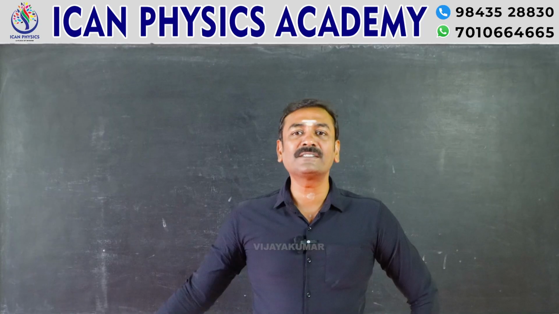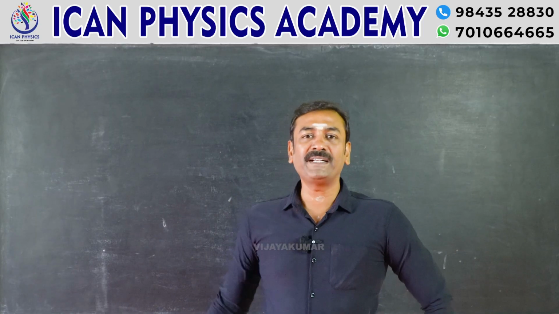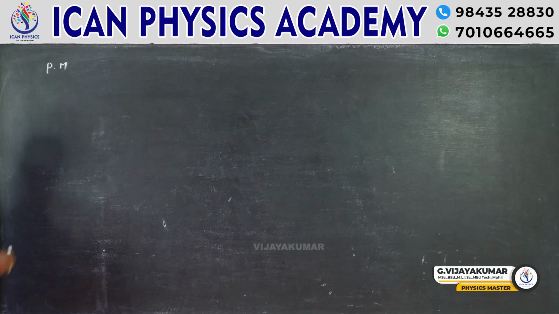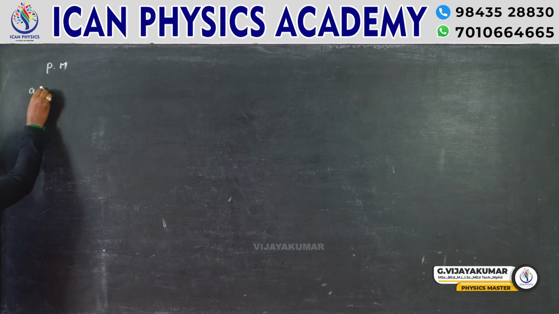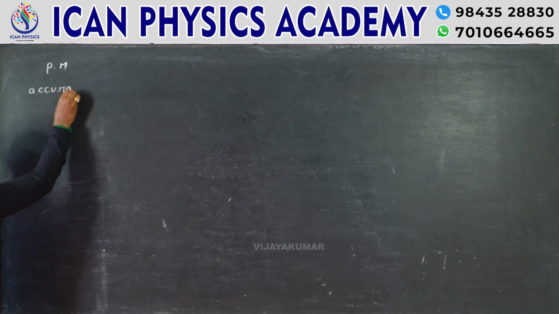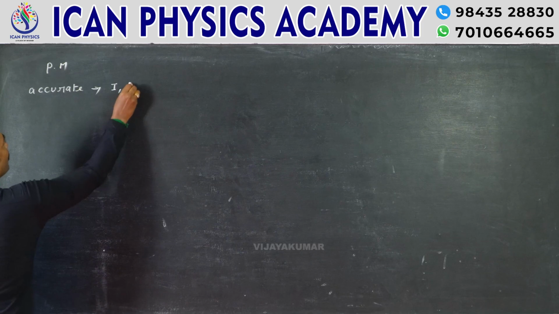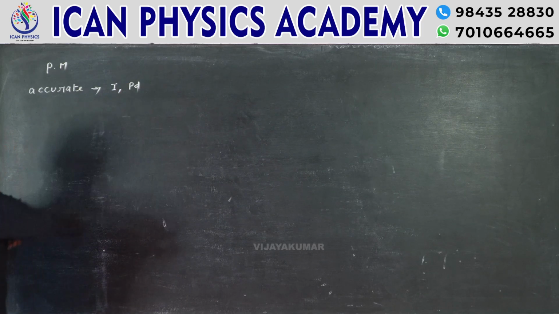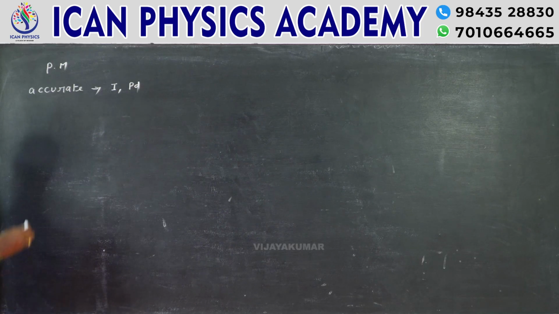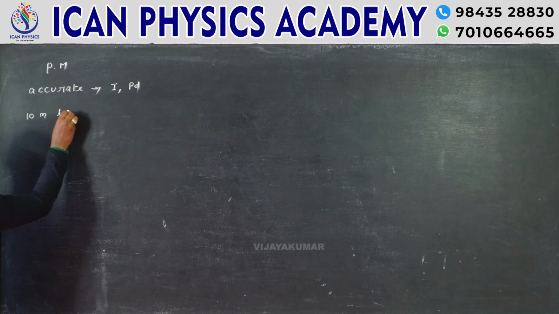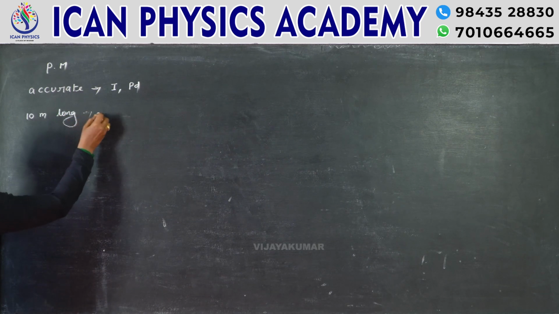Now in this class, we are going to see a potentiometer. Let's enjoy the class. A potentiometer is an instrument used for accurate measurement of current and potential difference. The potentiometer consists of a 10 meter long manganese wire.